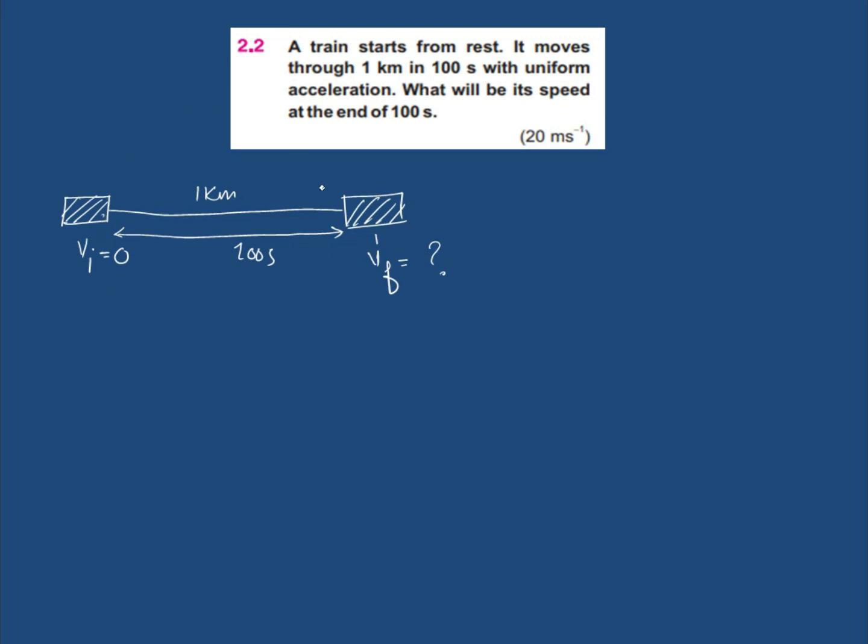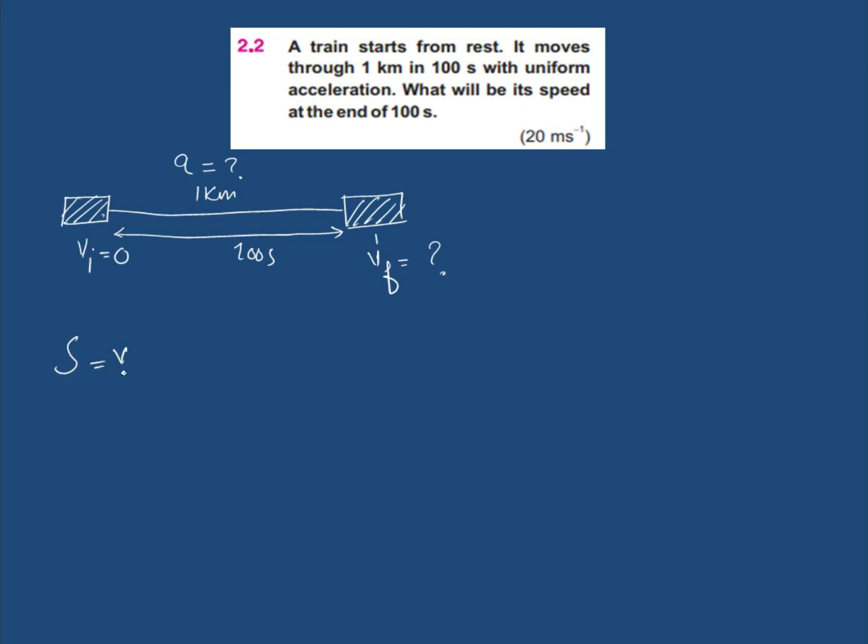To attain this velocity, the train moves with a uniform acceleration a, but we don't know the acceleration here. So before calculating the final velocity, we must know the acceleration first, because acceleration is the rate of change of velocity with respect to time. To calculate the acceleration, we have to use the second equation of motion.